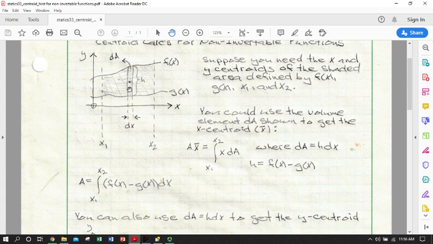So the midpoint of this strip, which is going to become a 1D kind of body, is just going to be 1/2 of its height, or 1/2 of f of x minus g of x at that point x. So I could easily determine the centroid of one of these vertically oriented strips.